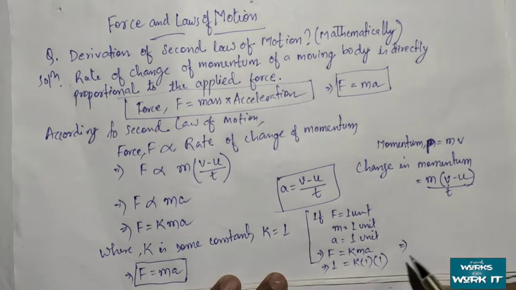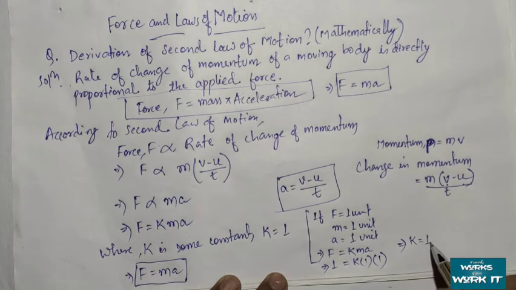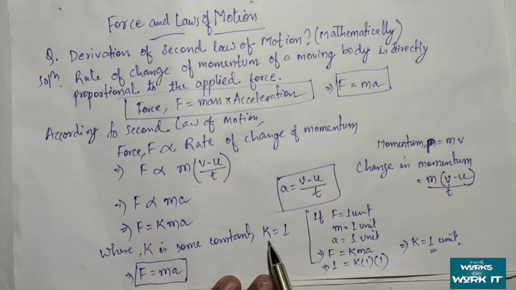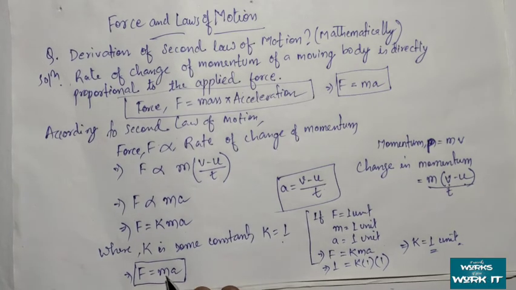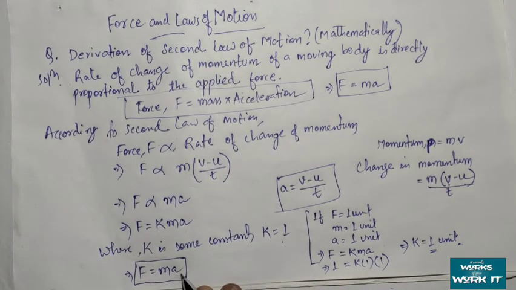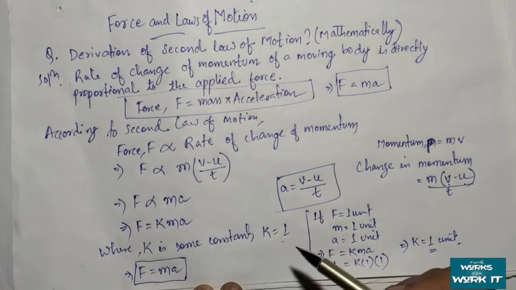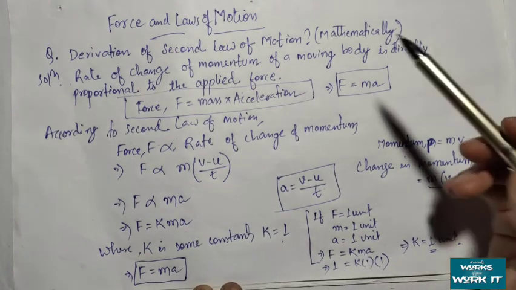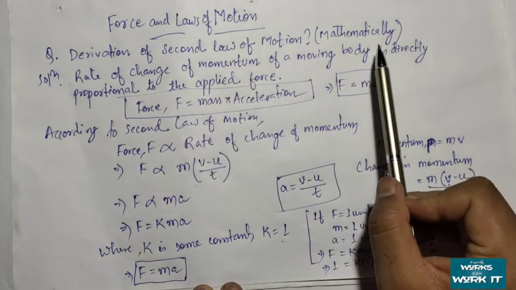So k will be equal to 1 unit, and that 1 unit I have placed here, and then we have got F equal to ma. Okay, I hope you have understood the second law of motion mathematically, how to derive this one.